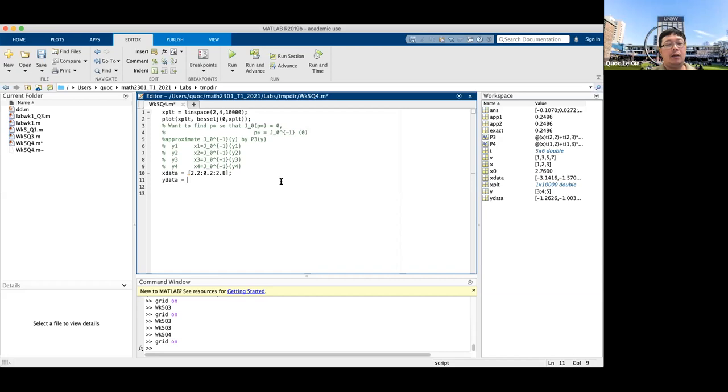So Y data is just like before, Bessel J order 0 of X data. So so far I have exactly like before, right? So now what is the next step? What is the divided difference table? So how do I call DD to compute my divided difference table? Well, I have to swap the rows of Y and X, yeah.